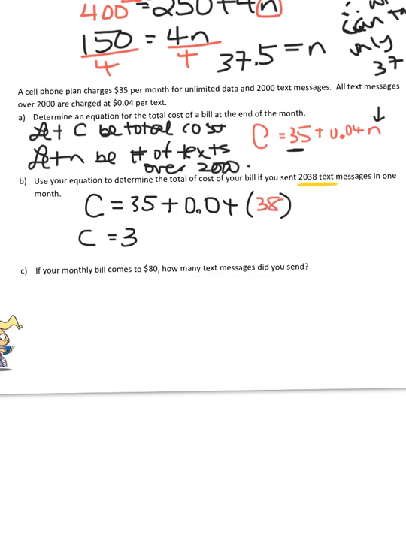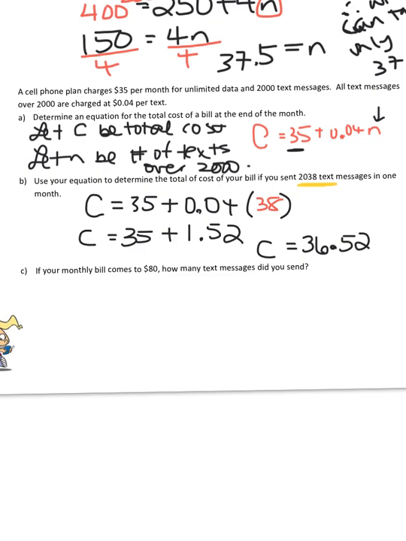So I have 35 plus, and we're going to put 0.04 times 38 texts on our calculator, so that I only have to pay an extra $1.52. I'm going to add on the 35, and my total bill for that month will be $36.52.